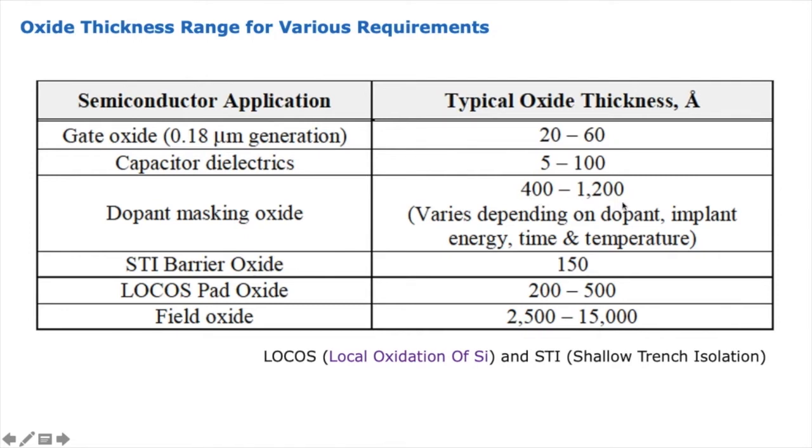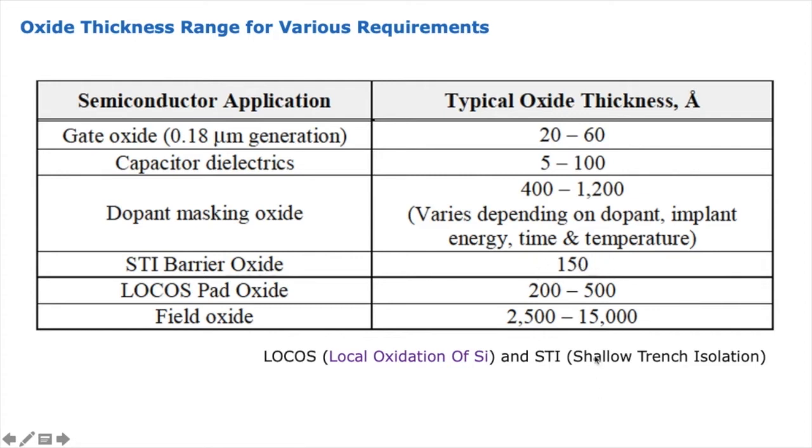This again depends on what kind of dopants you are going to use, the energy of the ion beam of the dopant atom, and temperature and time. There are many other parameters involved in deciding the thickness of this masking oxide, right? Then we have the STI barrier oxide layer, which is something like 150 angstrom.